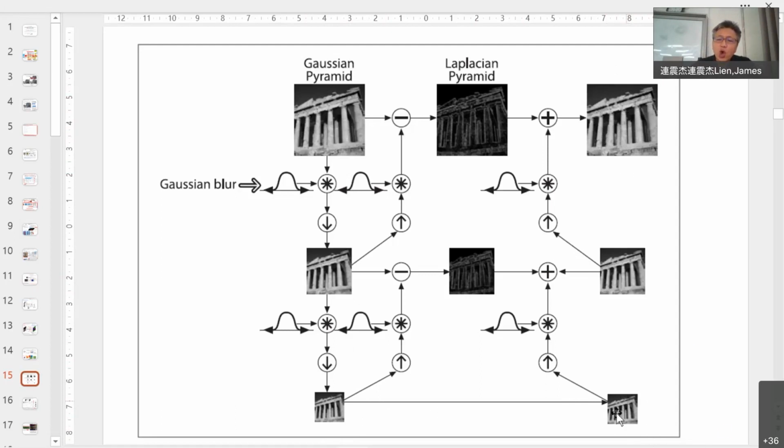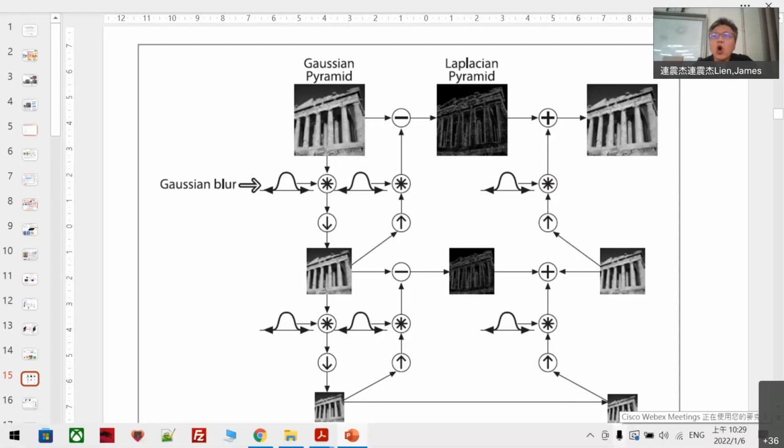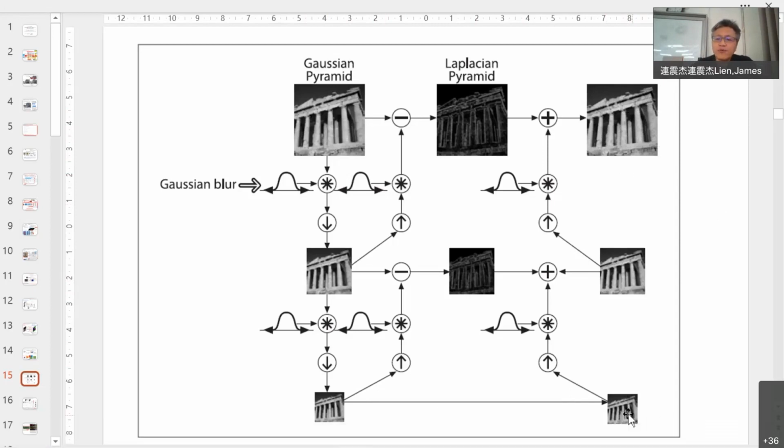From low resolution to high resolution, we sometimes call this super resolution. This process goes from 2 to 4x4 times, or 8x8 times, and we want to have more details. We call it super resolution.